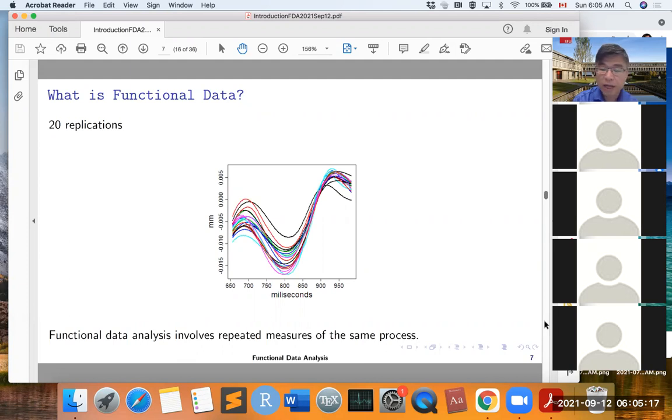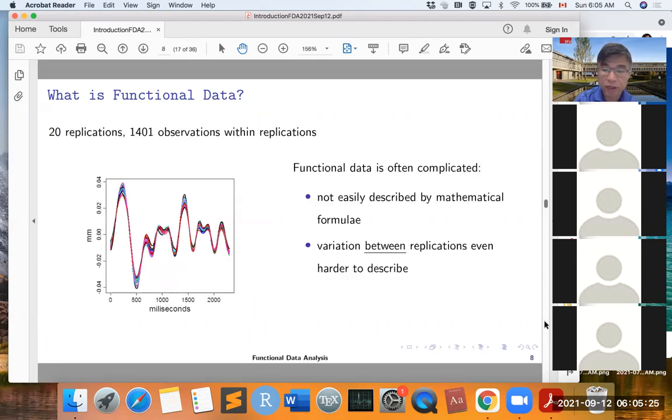As I mentioned, we view functional data as repeated measurements of the same stochastic process. Because functional data have a complicated trend, they are not easily described by a mathematical formula.